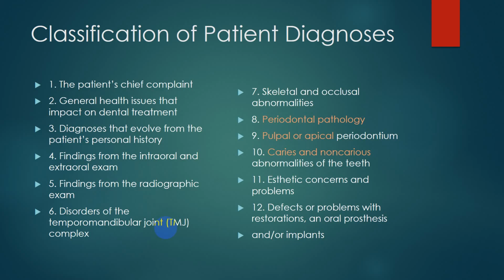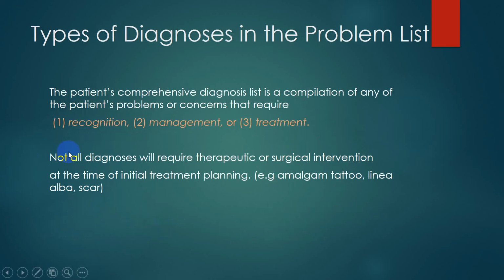You wrote down the occupation, the age, gender, everything that was discussed with the patient. It can be listed under the diagnoses or the problem list if it fulfilled any of these criteria: if it really necessitates recognition, if it necessitates management, or if it needs treatment, or if it will affect the treatment of the patient.